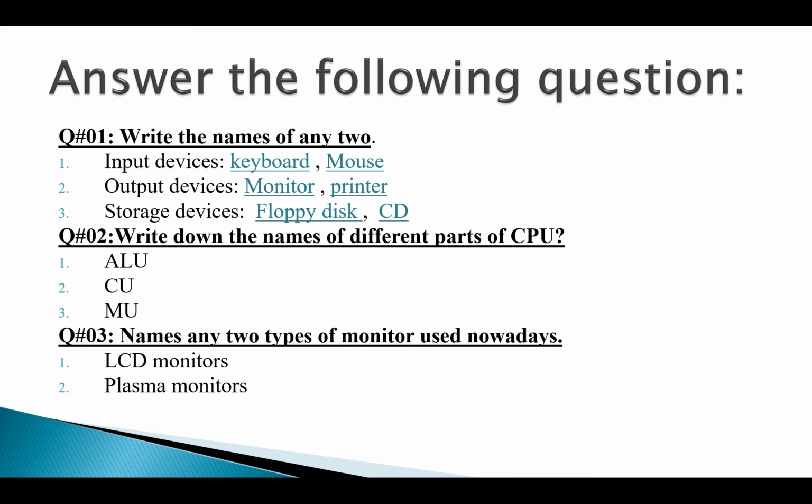Second one is CU, Control Unit, and third one is MU, Memory Unit. Question number 3 is name any two types of monitor used nowadays. So first one is LCD monitors and second one is plasma monitors.